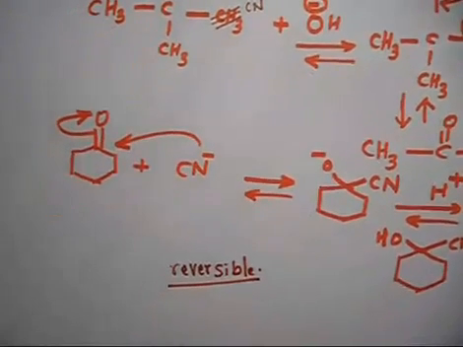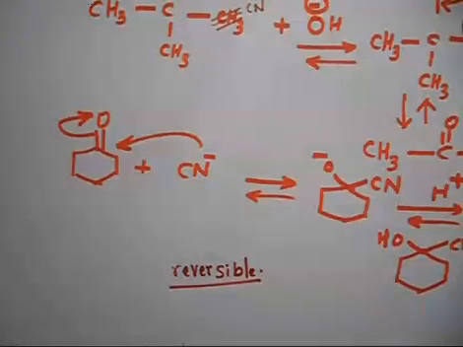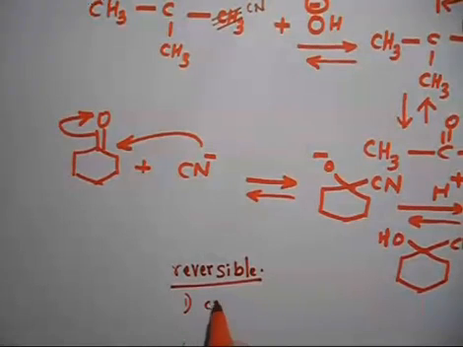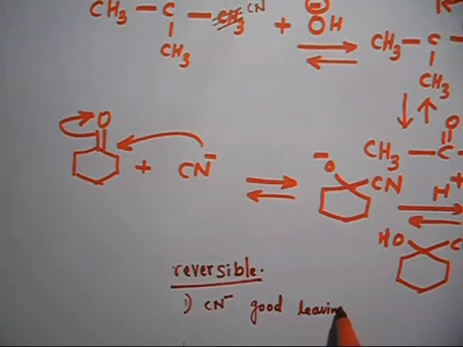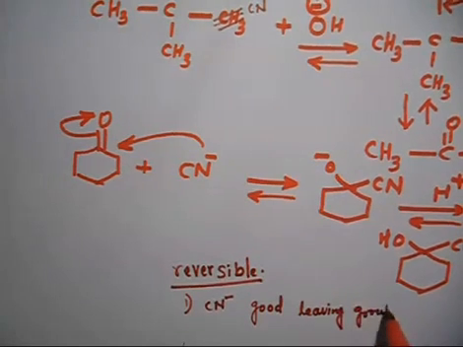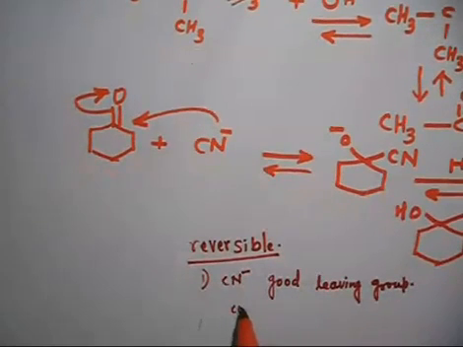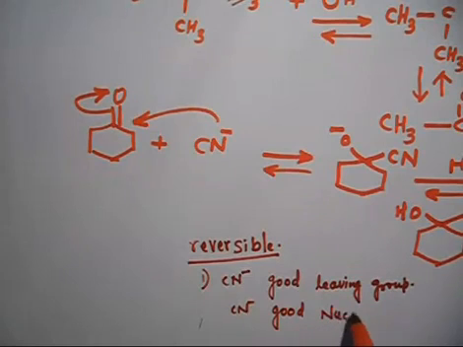Now this reaction is favored for some reasons. First, CN minus is a good leaving group, and CN minus is also acting as a good nucleophile. That's why this reaction is happening.